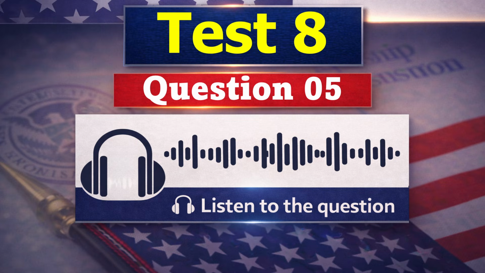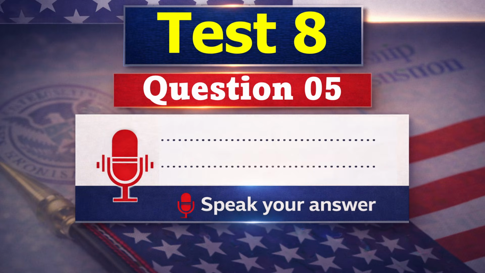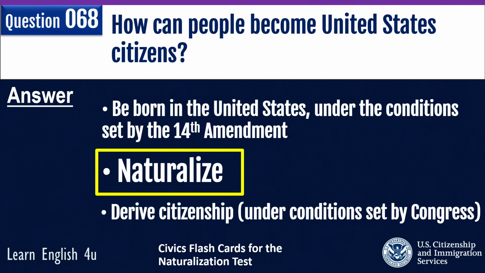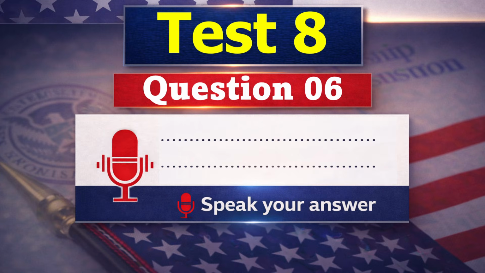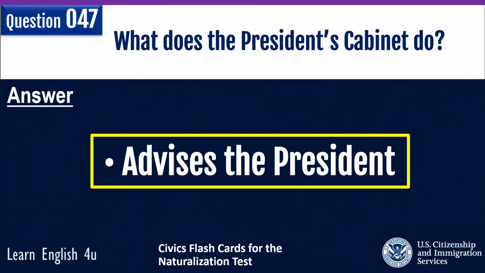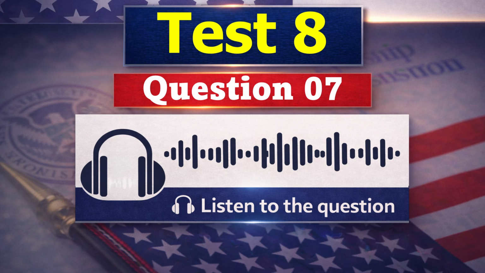How can people become United States citizens? Naturalize. What does the President's Cabinet do? Advises the President. Why does the flag have 50 stars?